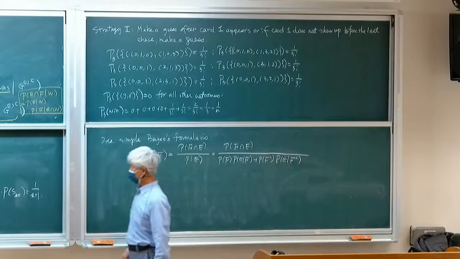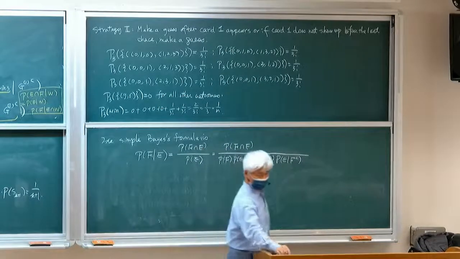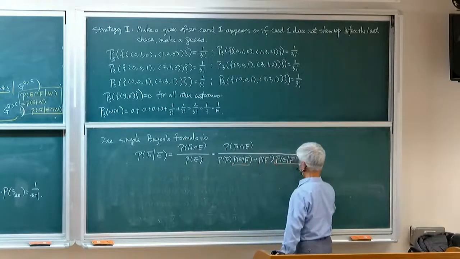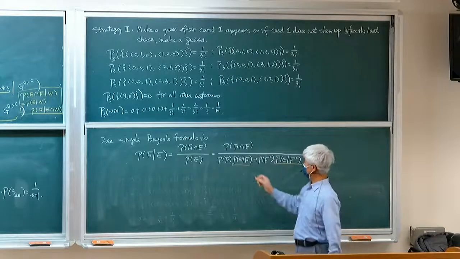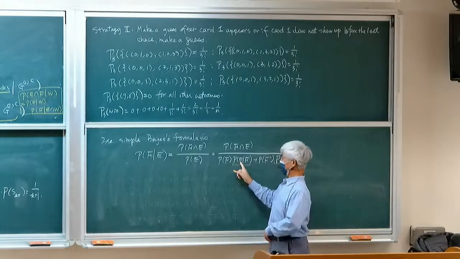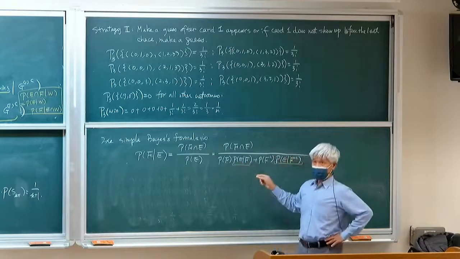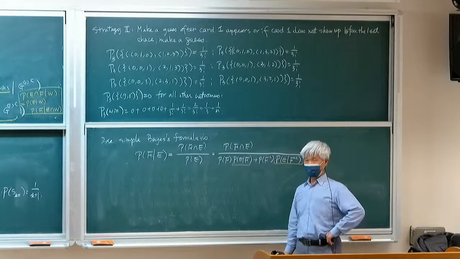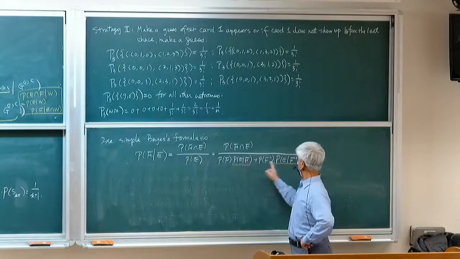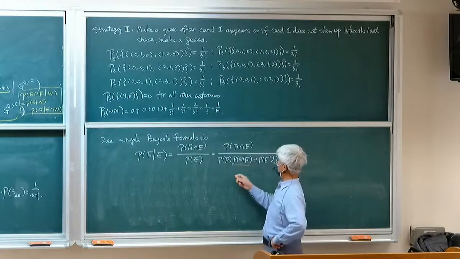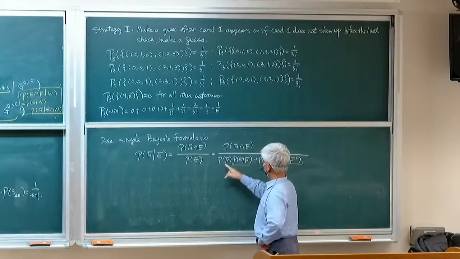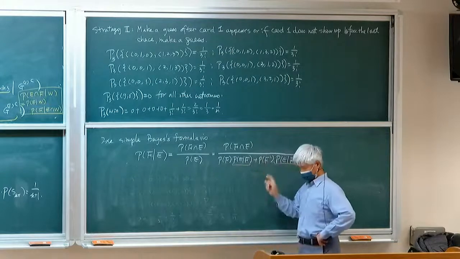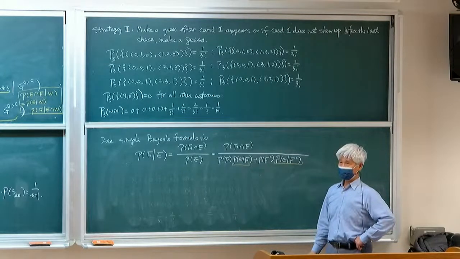The formula is useful when it is easy to find these two conditional probabilities, meaning it's easy to find the conditional probability of event E given whether or not event F has occurred. So these two. And also, it will be easy to find the probability of the event F and the probability of the complement of event F. Okay.